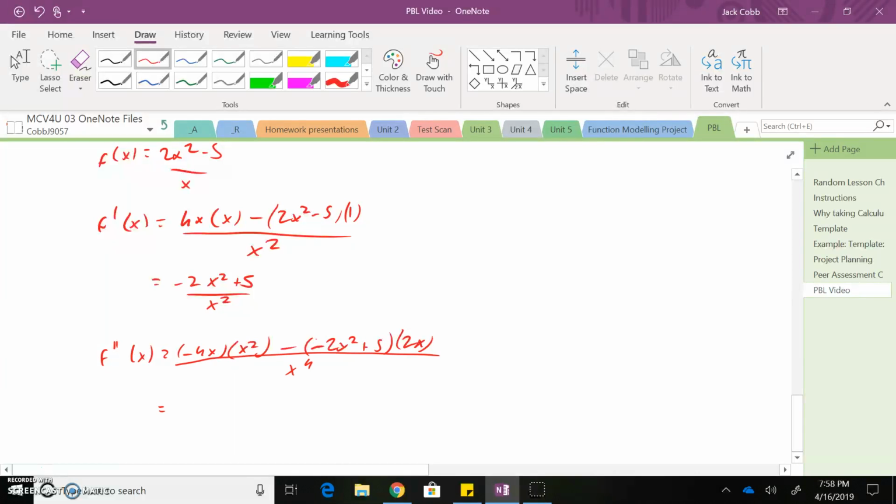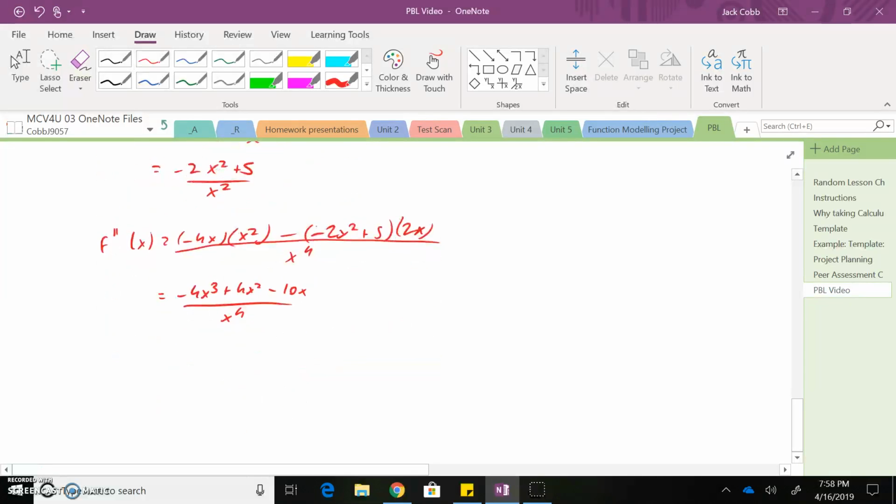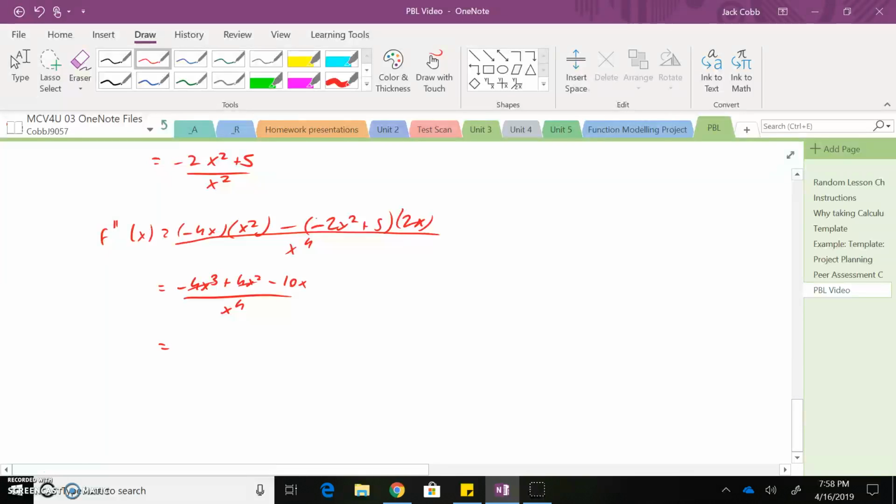That simplifies down to negative 4x cubed plus 4x cubed minus 10x over x to the 4. And that further simplifies, crossing those terms out, to negative 10x over x to the 4.